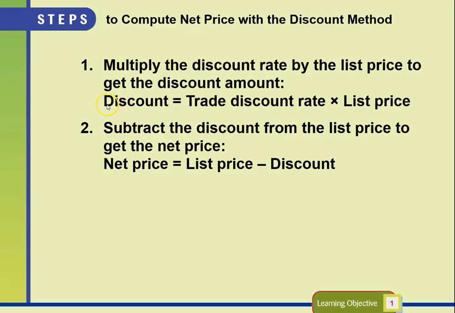This gives you the discount amount. Next, subtract that discount from the list price, and the result is your net price. So really it's just two steps. First, figure out how much of a discount you're getting, and then subtract it from the original price to see what you'll actually pay.